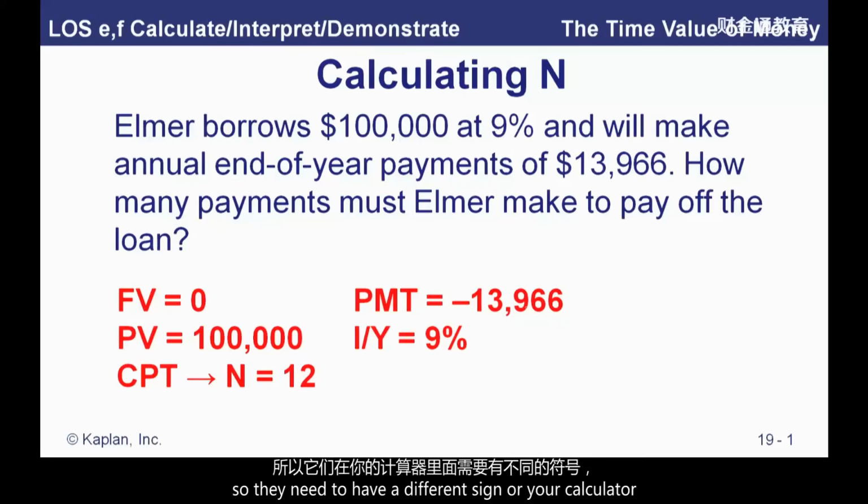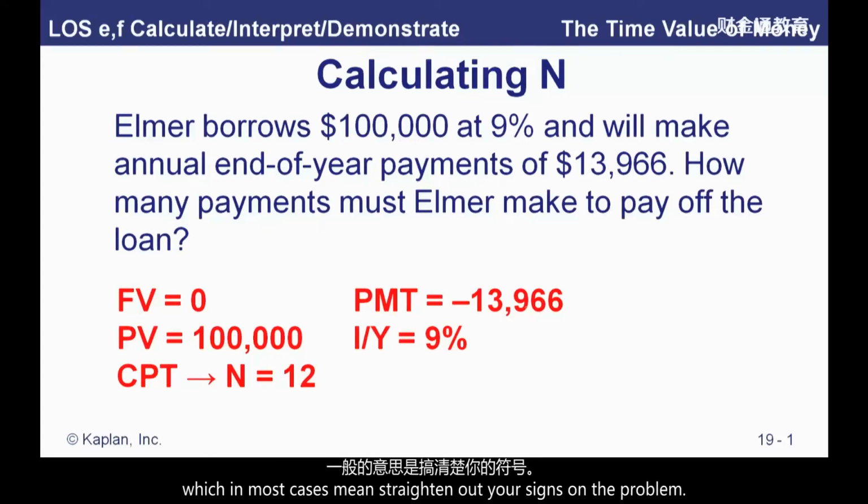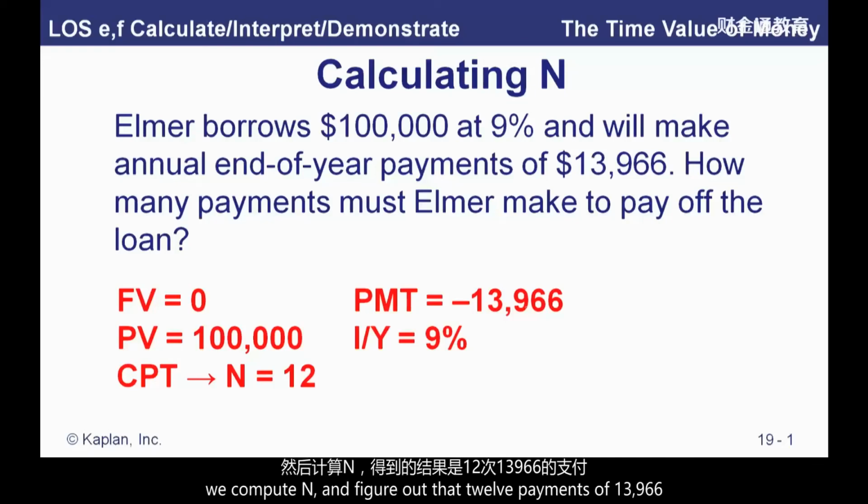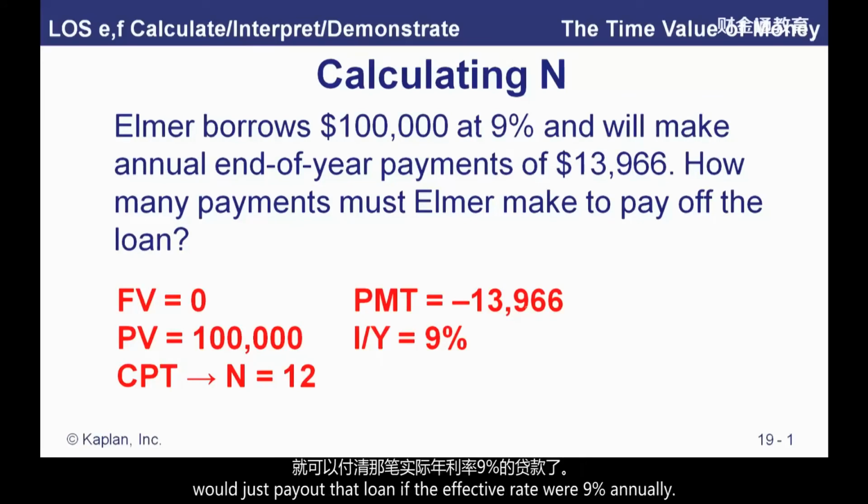So they need to have a different sign, or your calculator will give you the dreaded error message number 5, which in most cases means straighten out your signs on the problem. So in this case, we put in those 4, we compute N, and figure out that 12 payments of $13,966 would just pay off that loan if the effective rate were 9% annually.